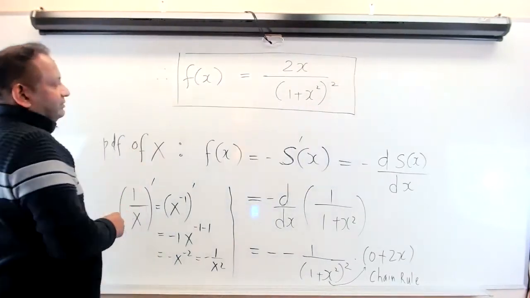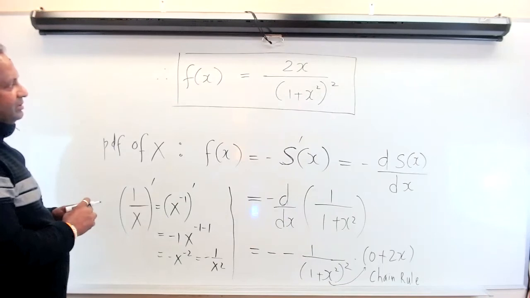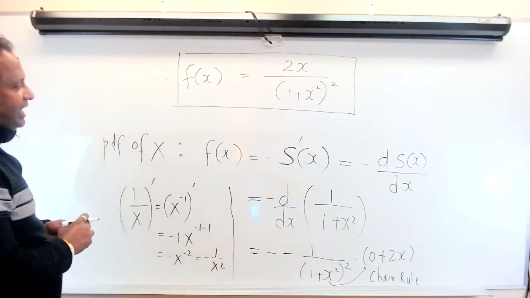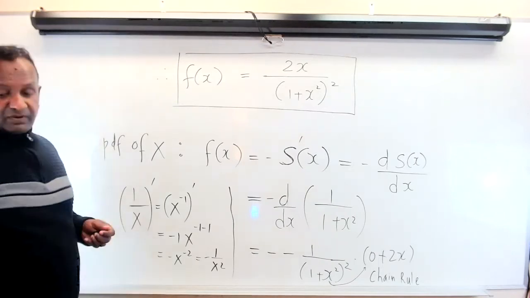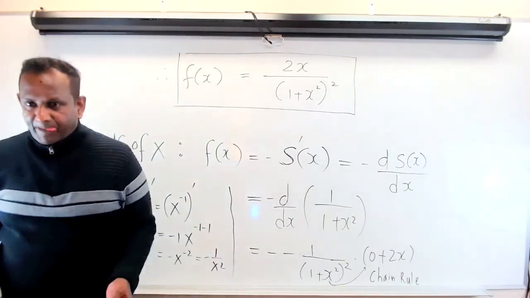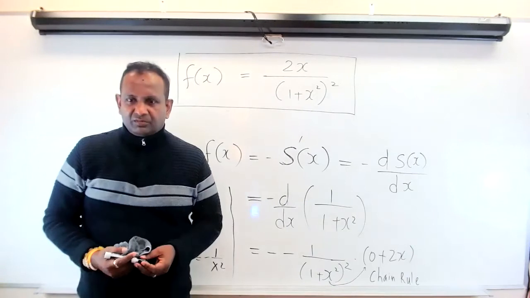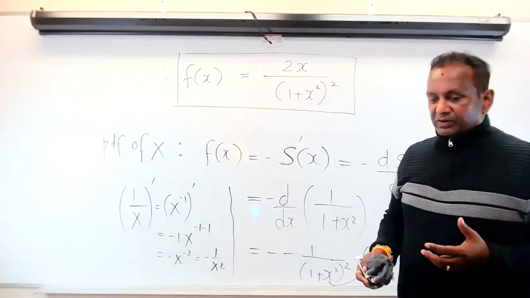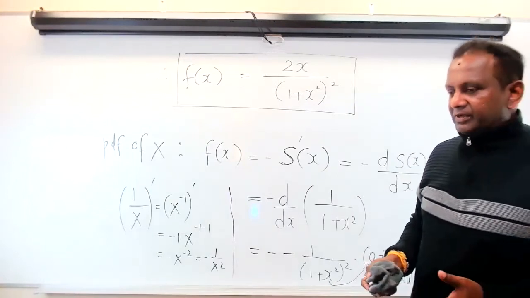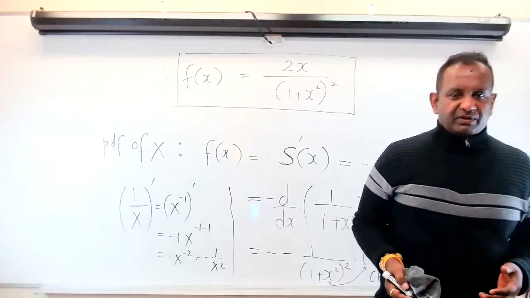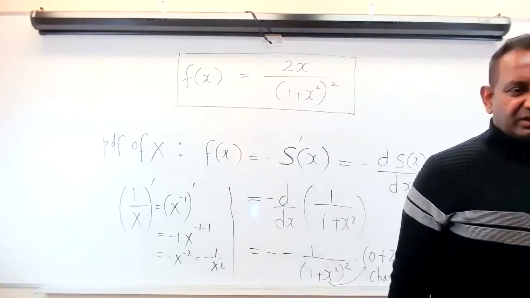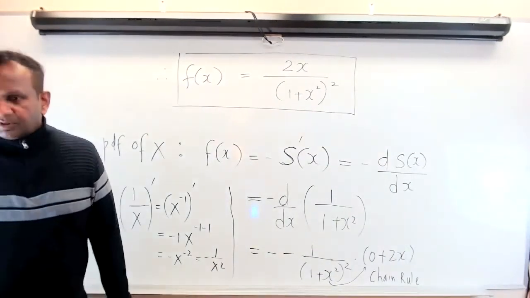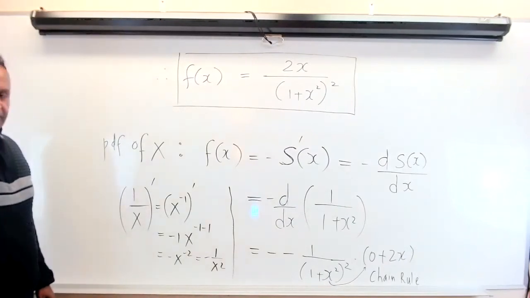You got to see it. Come backward. We've been given in the very beginning the hazard function. With the aid of the hazard function, what we did was we derived the survival function. With the aid of the survival function, we derived the probability density function.